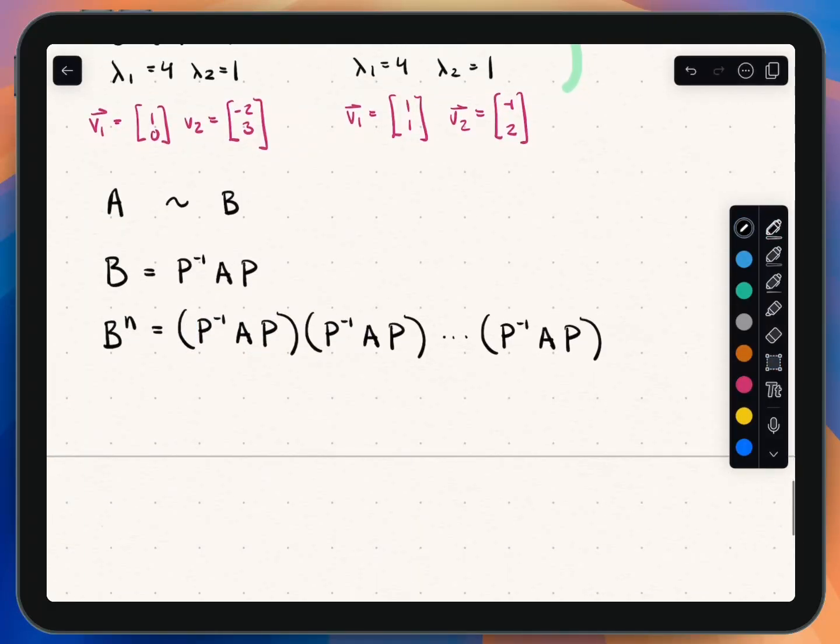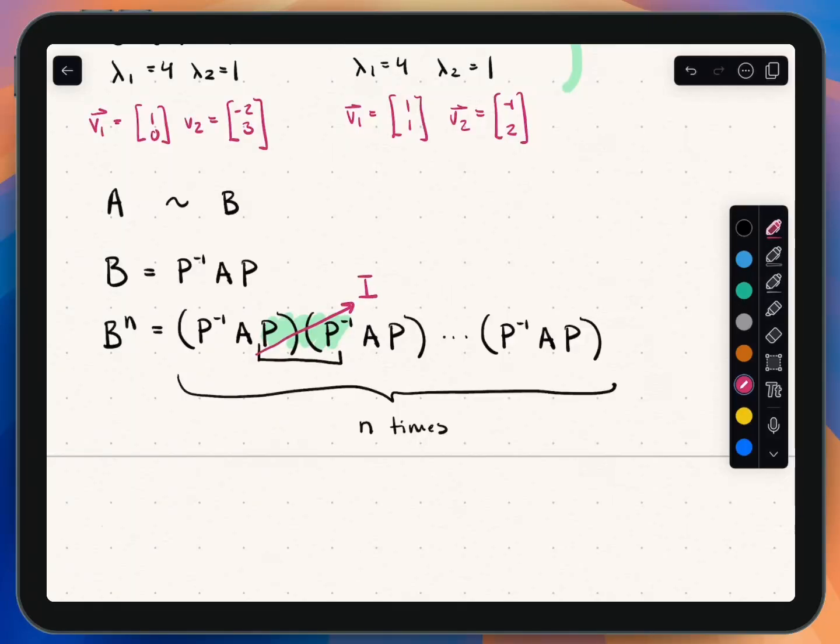But what we can see is that at each junction right here, we get P inverse times P. And because P is invertible, a matrix times its inverse will just turn out to be the identity matrix.